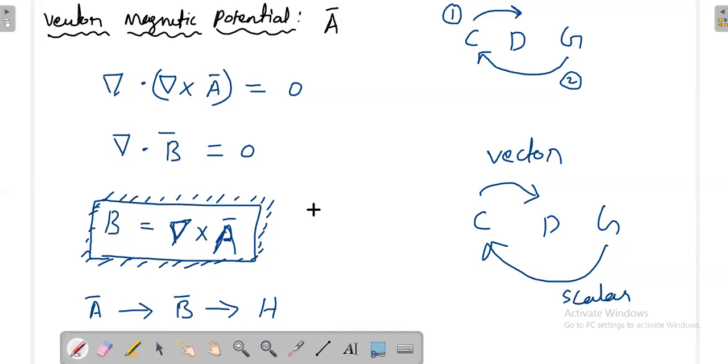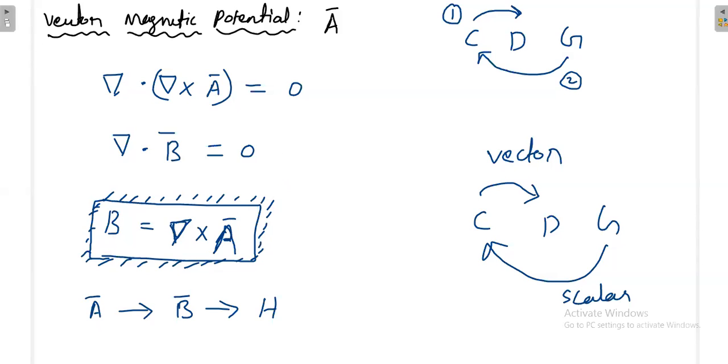Another conclusion. Now finally, what is the unit of A? You know the unit of B. Unit of B is Weber per meter square. What should have been the unit of A? Just apply the mathematics. Weber per meter, yes, very good.